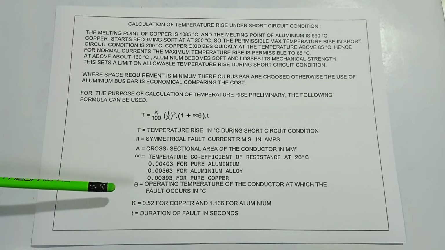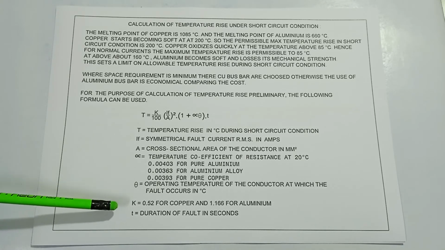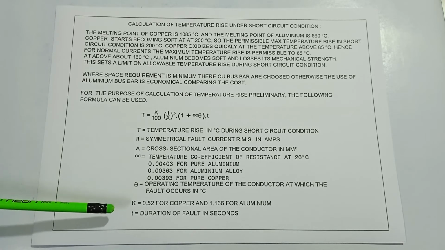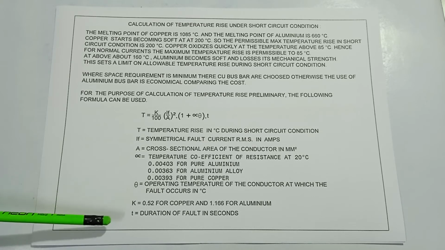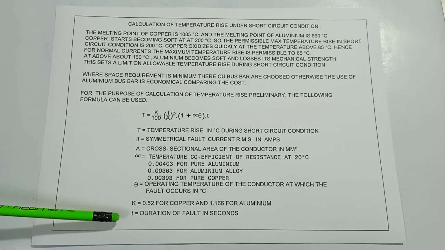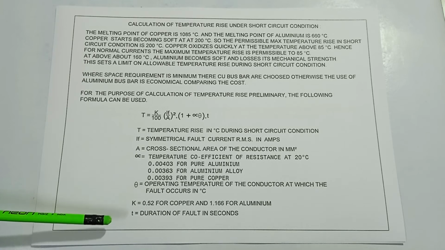Theta is equal to operating temperature of the conductor at which the fault occurs in degree centigrade. K is equal to 0.52 for copper and 1.166 for aluminum. Small t is equal to duration of fault in seconds. Okay, next.